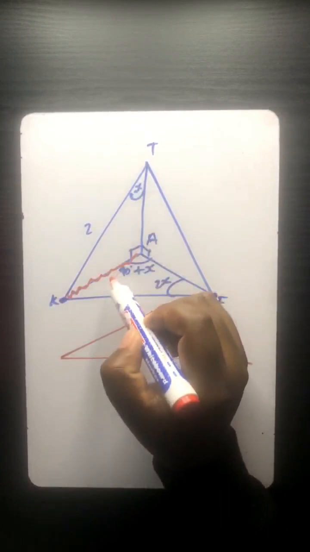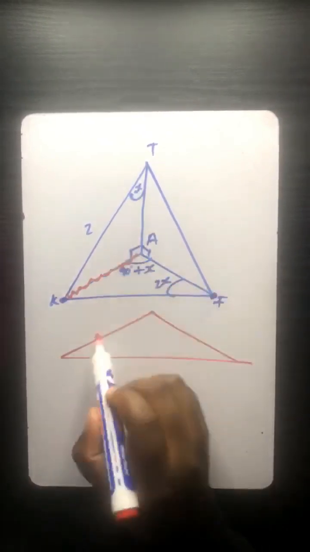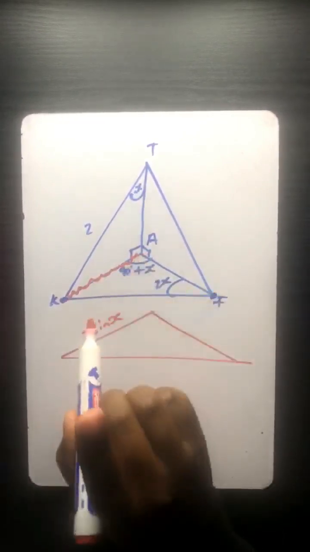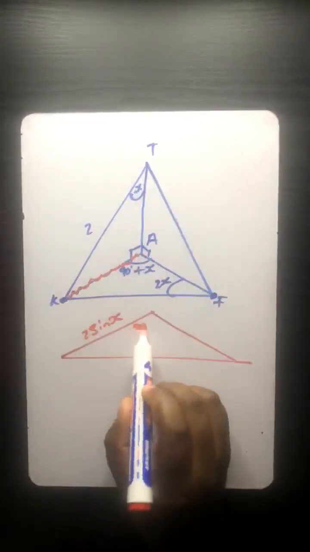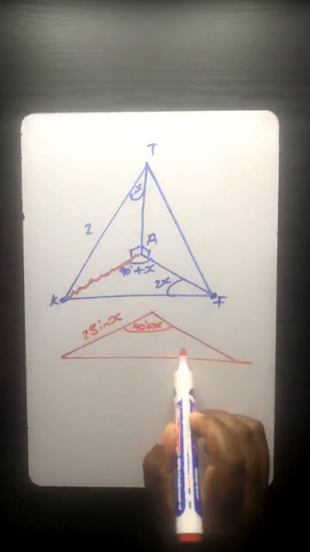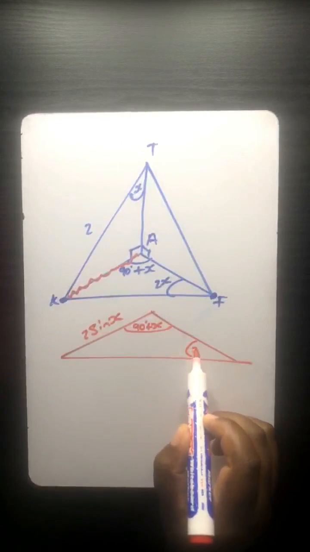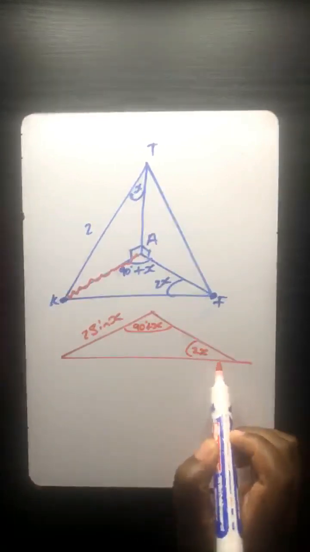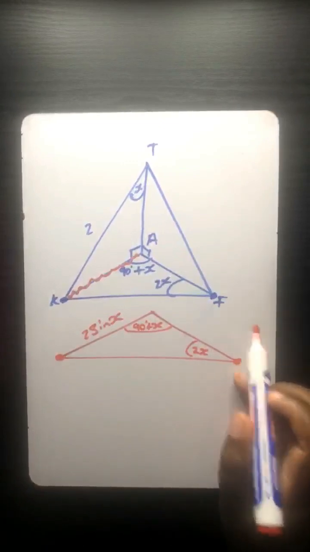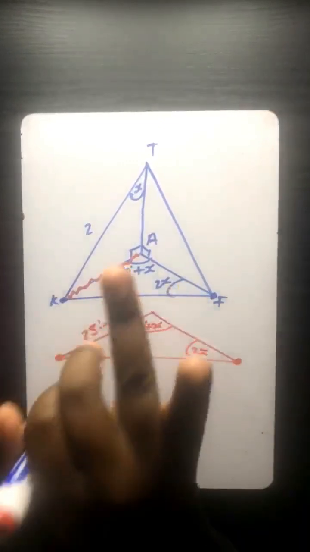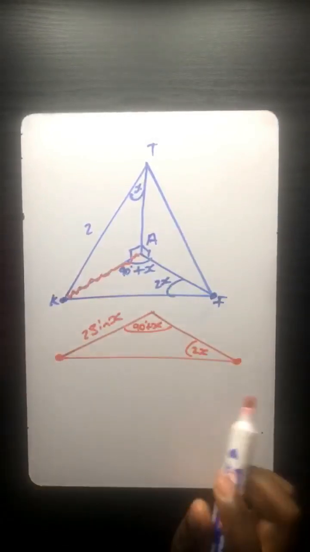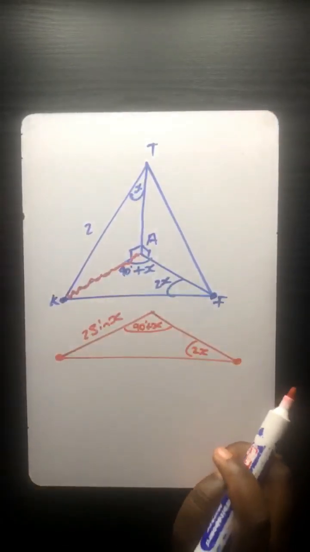There's going to be opposite, sine, and whatever. You might find that 2 sine x is this side. I'm just giving an example. And then here you have 90 degrees plus an angle, and that one being 2x there. So can you see, for you to find that, the principle is the same. Under this chapter, it's either you use sine rule or cosine rule. The rest lies on the examiner being smart by trying to confuse you.